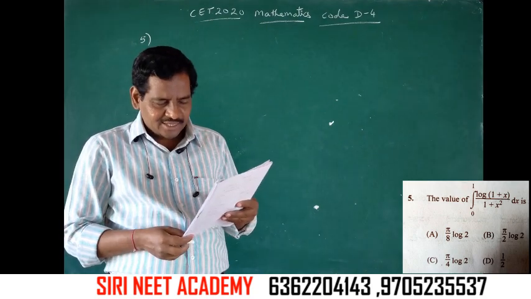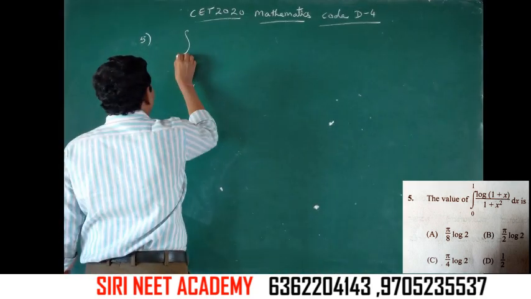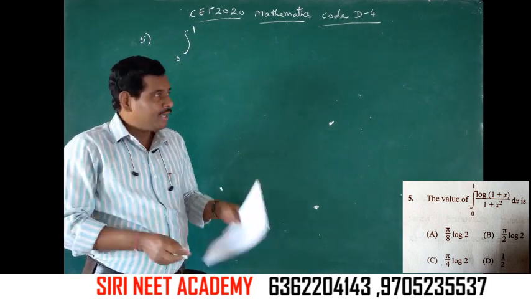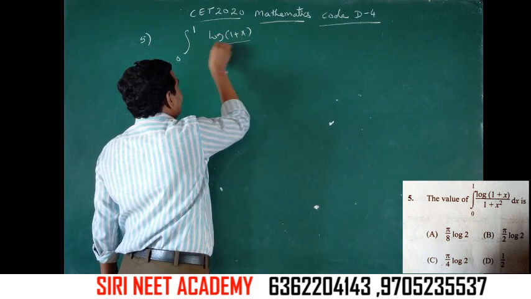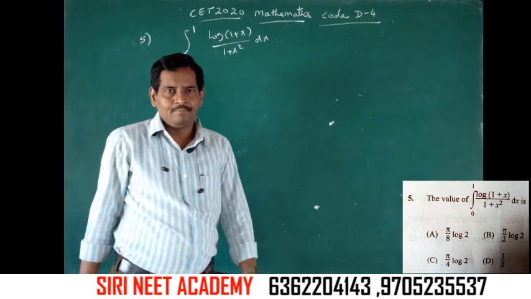Again from indefinite integration. Integral 0 to 1 log(1 plus x) by 1 plus x square dx.